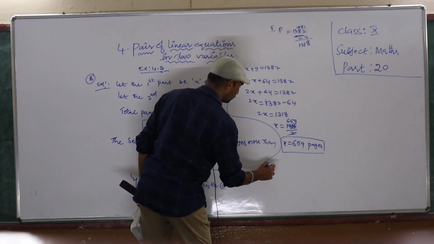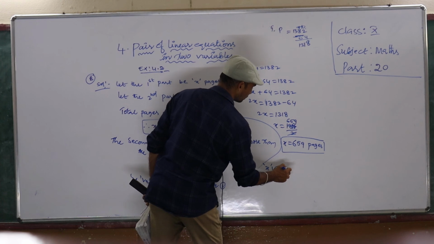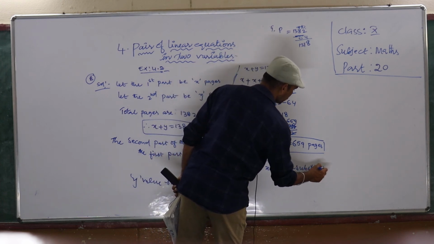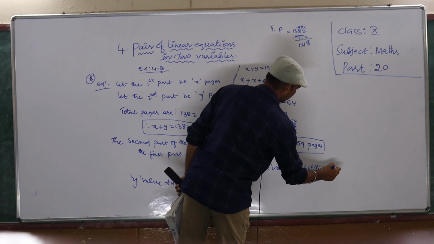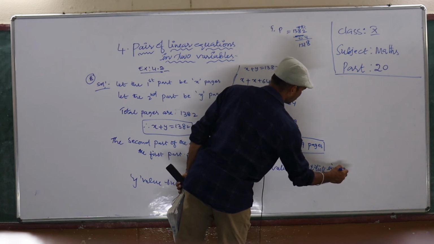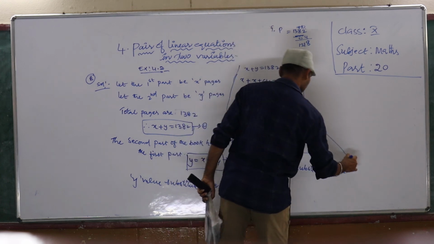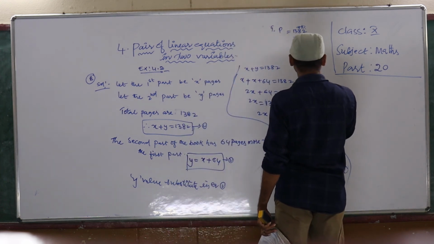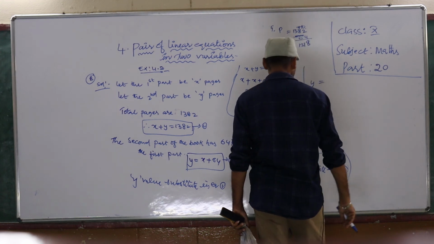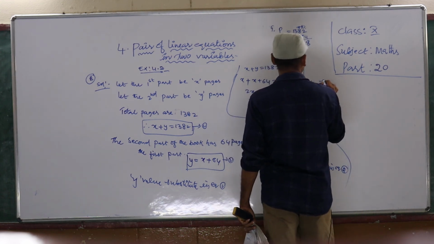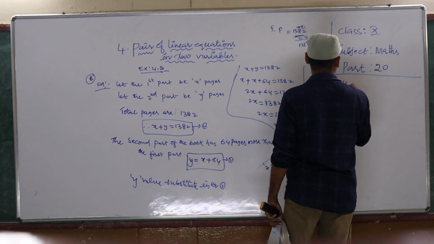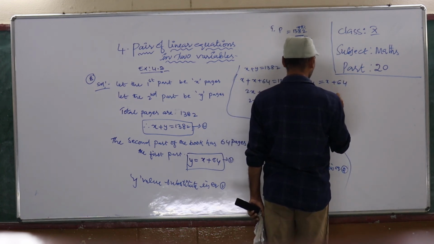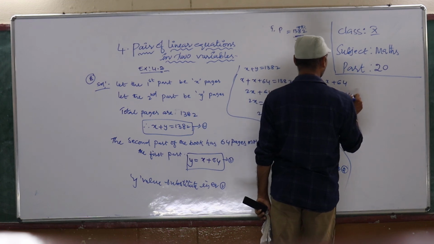Then substitute the x value in equation number 2. So here, y is equal to x plus 64. Then y is equal to x value 659 plus 64.